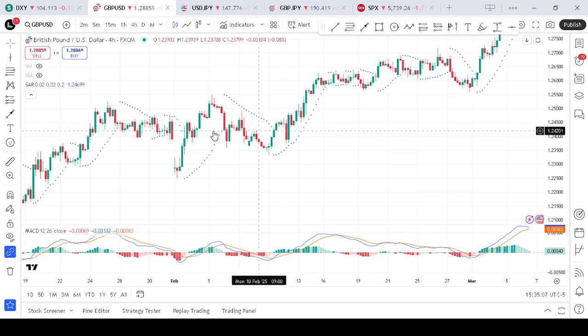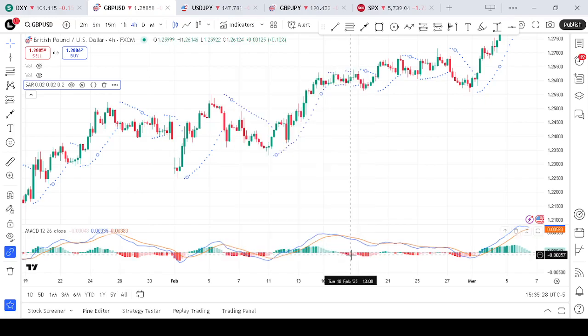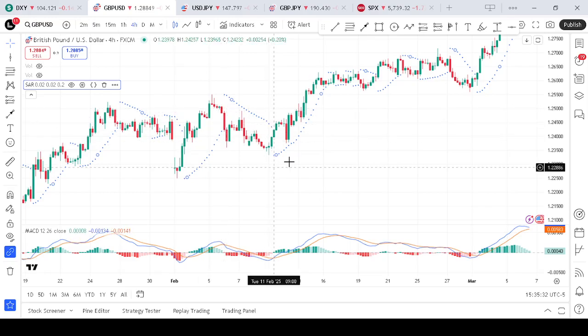Conversely, if the dots are above price, you are looking for sell opportunities because it is a possible downtrend. The default setting is usually step 0.02 and maximum value of 0.2. This is the Parabolic indicator.